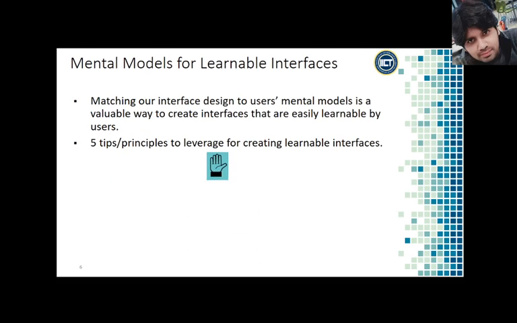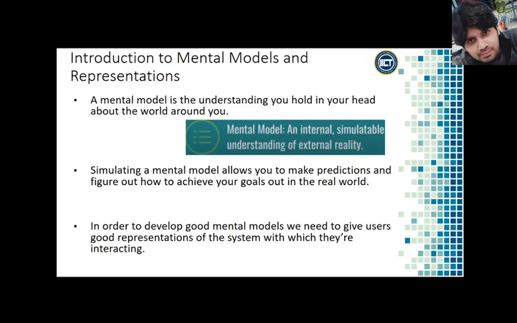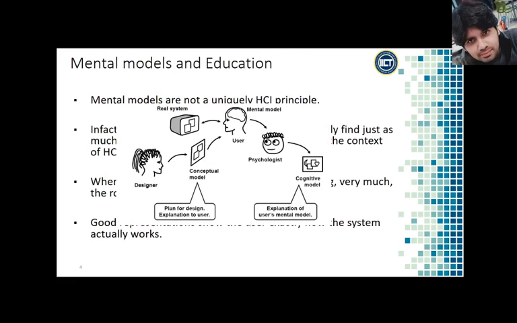Now recall what we discussed in this figure. Basically, how can the designer design the conceptual model based on his or her perception of the user, so that the user can easily understand the working of the real system.